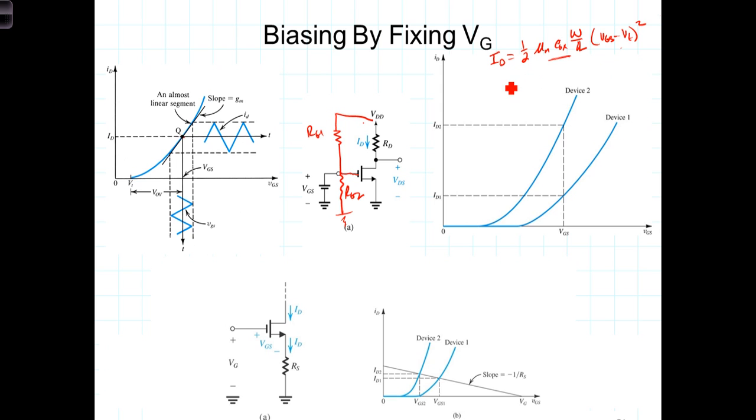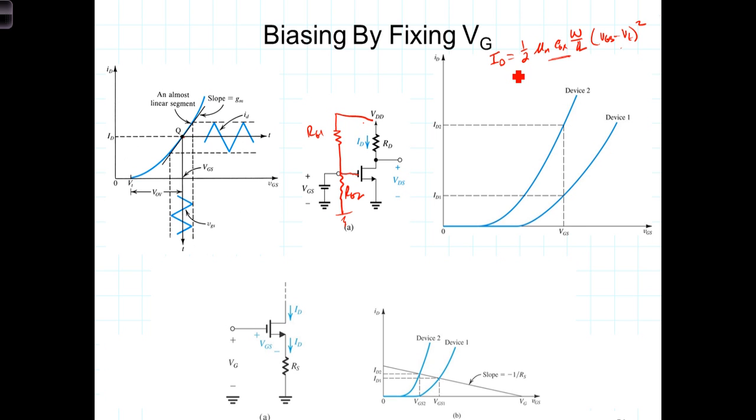So we see that there's some uncontrollable variation in I sub D, both due to manufacturing process imprecision, and also due to the ambient temperature that the transistor is operating in. I sub D then is going to change beyond our control, and in the process move the transistor from its intended bias point.